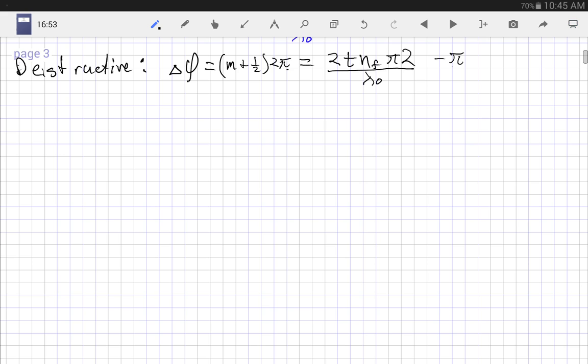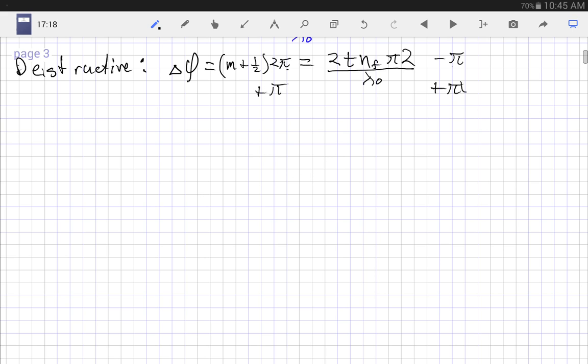If I solve this for thickness, I will once again add pi to both sides. No, that's not right. I can't believe I'm making all these mistakes.